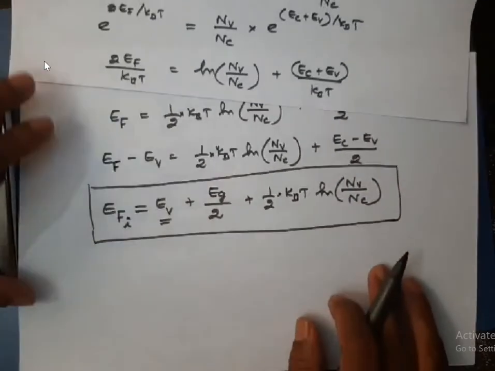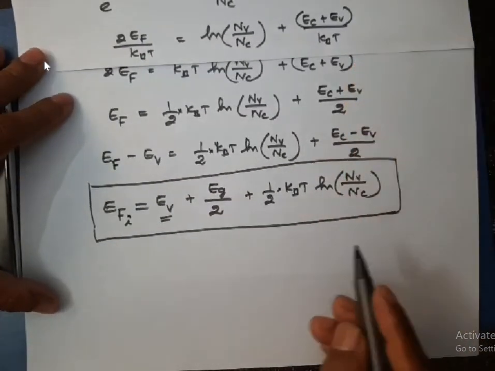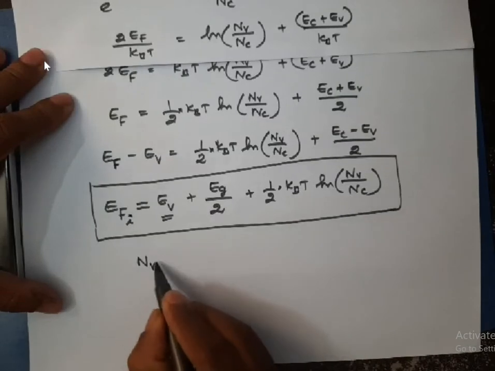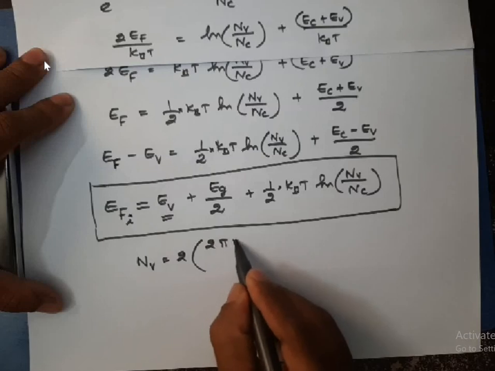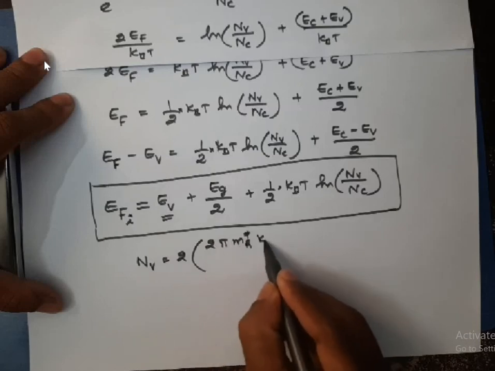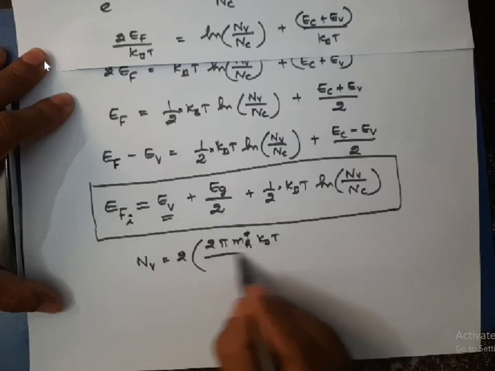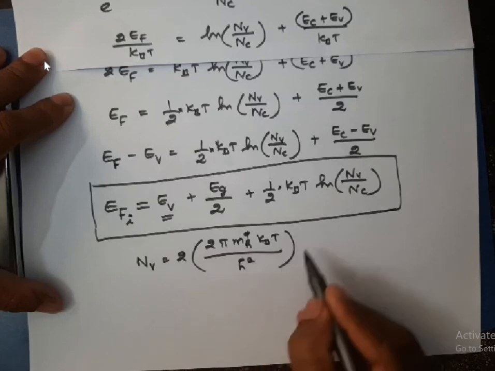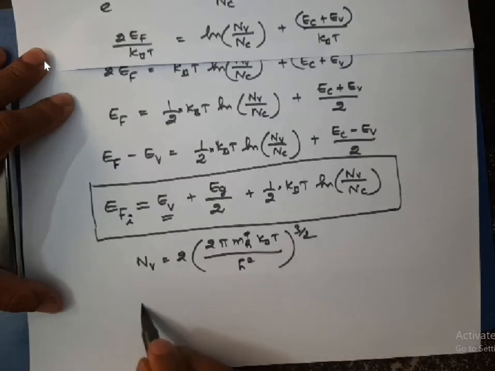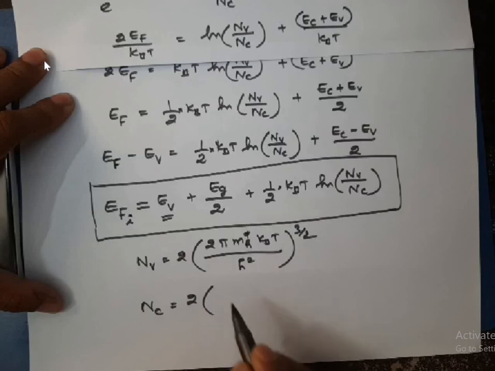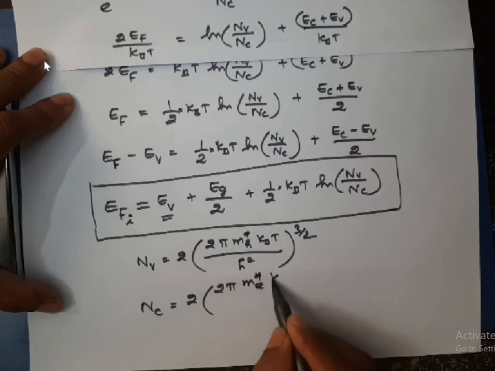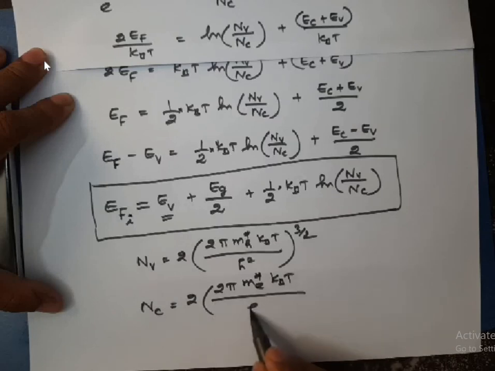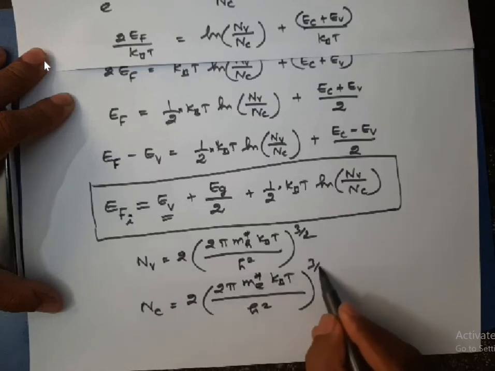And you know very well NV by NC. What is NV and what is NC? NV is nothing but 2 into (2 pi m star h kBT by h square) whole power 3 by 2, with m star h the effective mass of hole. And NC is 2 into (2 pi effective mass of electron into kBT by h square) whole power 3 by 2.